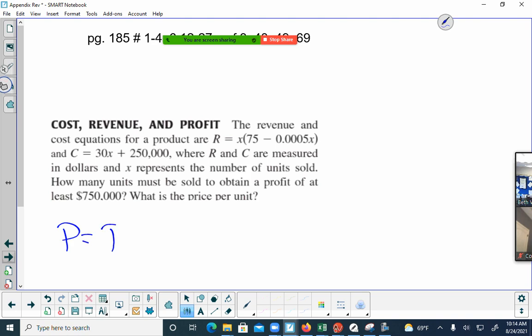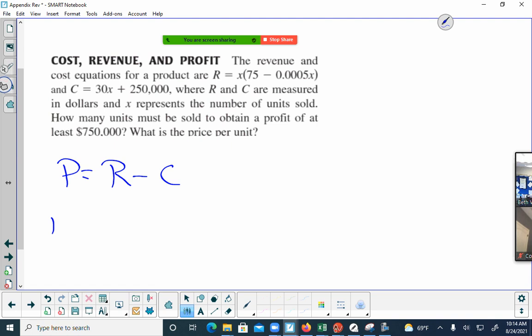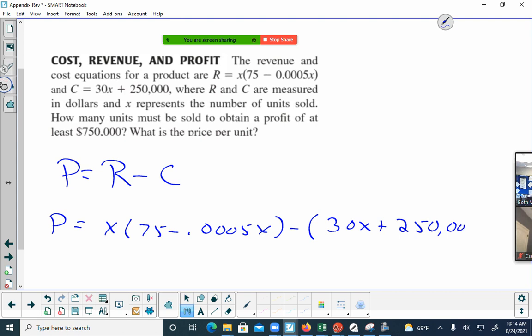Yeah, so my profit is going to equal R minus C. Everyone's good with that? And then what you should have done is said profit is equal to that x times 75 minus my cost, which is 30x plus 250,000. Yes?